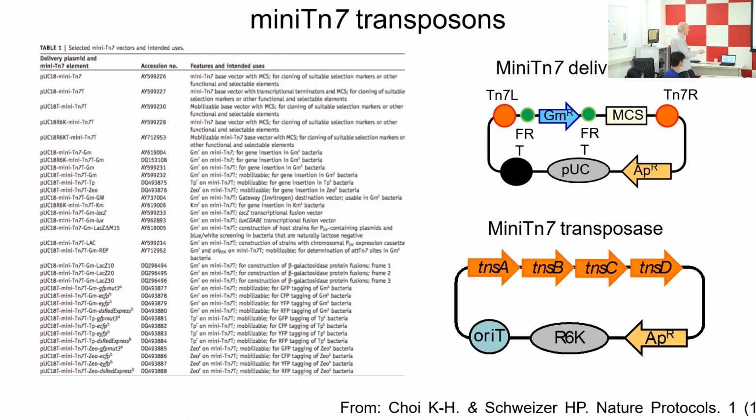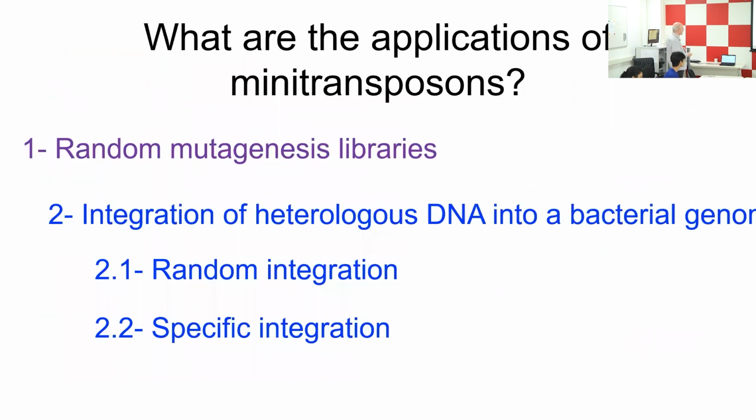In the case of Tn7, you can physically split the plasmid that has the transposon from the plasmid that has the transposase. That is very good because you can do things that would be difficult with Tn5. There is a whole collection of Tn5 variants, and the advantage of Tn7 is that you can combine these variants in such a way that they are perfectly isogenic.